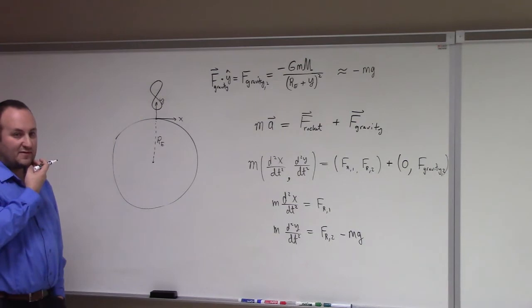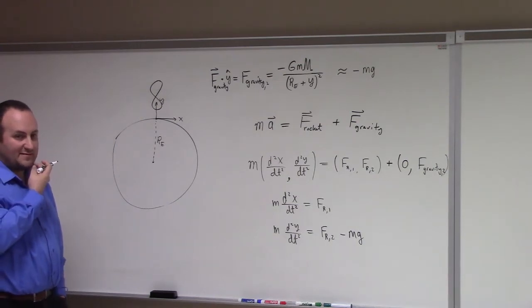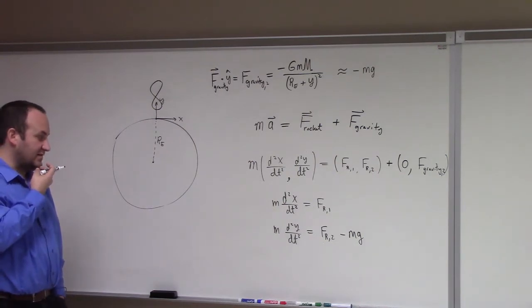I assume that the rocket thrust is pre-programmed to make this figure eight in the absence of gravity. So that's a given for you guys. And you could try to solve those numerically at least.